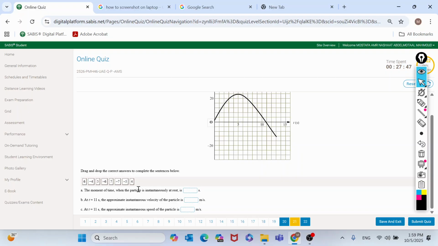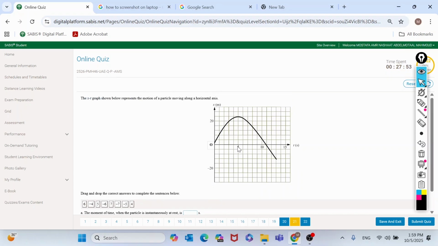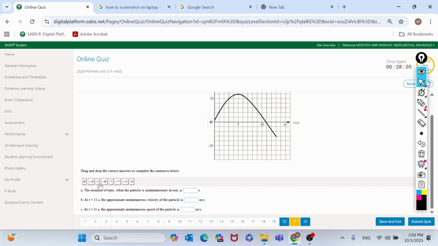Okay. At the moment of time when the particle is instantaneously at rest. So again, at the local maximum and the local minimum, where it's flat, it's going in the positive direction, then going in the opposite direction. So at this point, it's at rest.